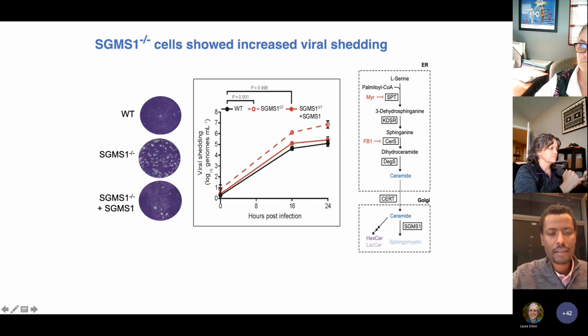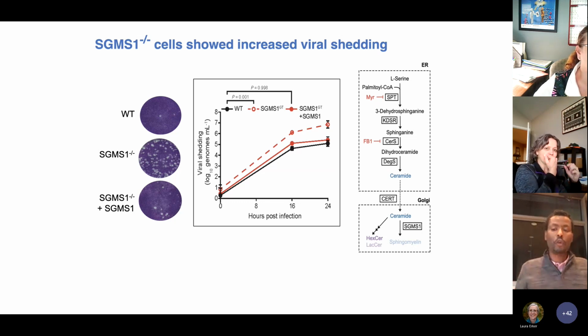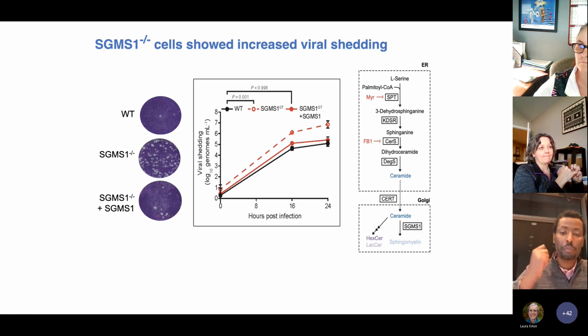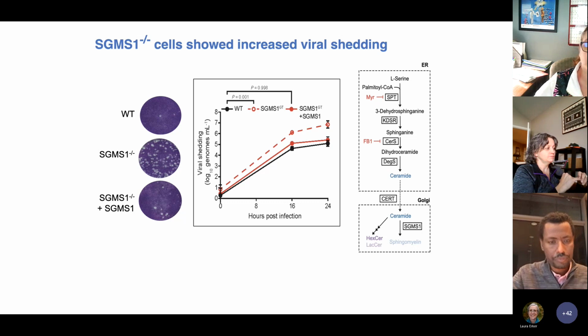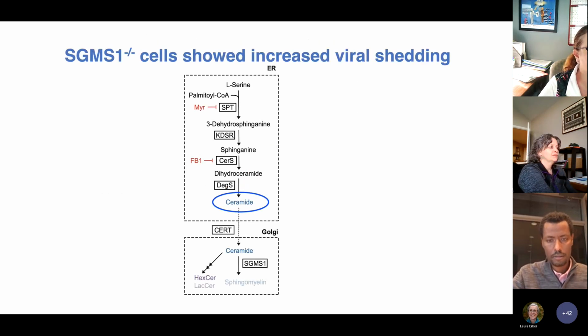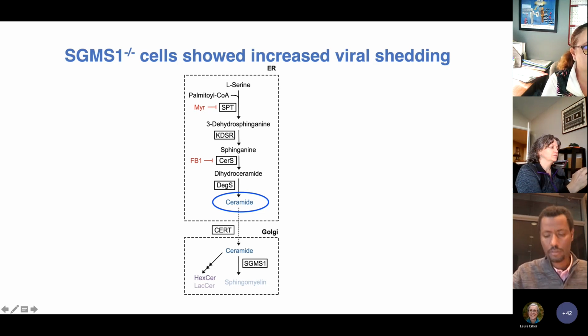The cells that lack sphingomyelin synthase become extremely permissive, up to 100-fold more sensitive to the virus as compared to the wild type. And when you put back the gene, they become like wild type, showing that sphingomyelin synthase deficient cells are more sensitive, which means that it is not the sphingomyelin that is important for replication. It is the ceramide that is important.